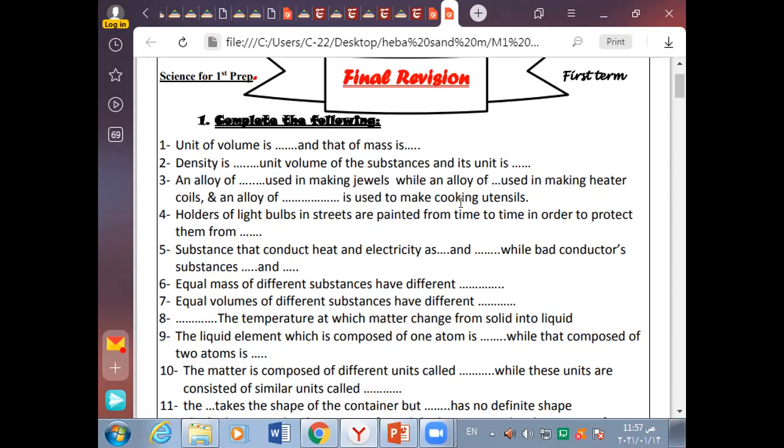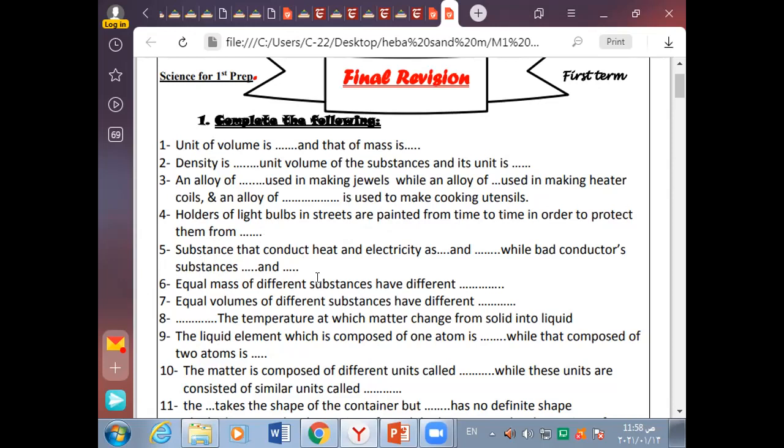What is used in making cooking tools? Aluminum. Holders of light bulbs in the street are painted from time to time in order to protect them from what? Excellent: rust.